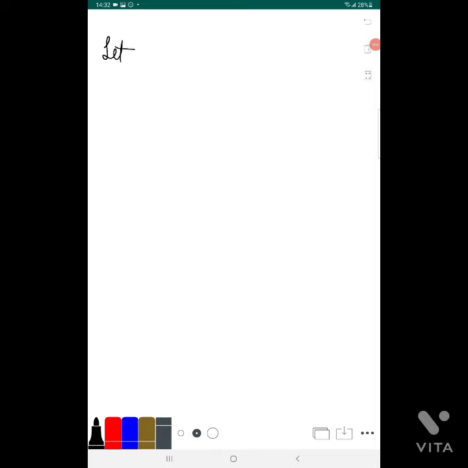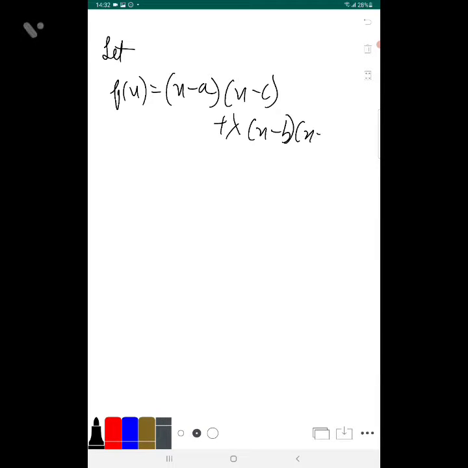Let us consider f of x equals x minus a into x minus c plus lambda of x minus b into x minus d. Okay, so we are considering it initially, and now let us put the value of a in place of x.